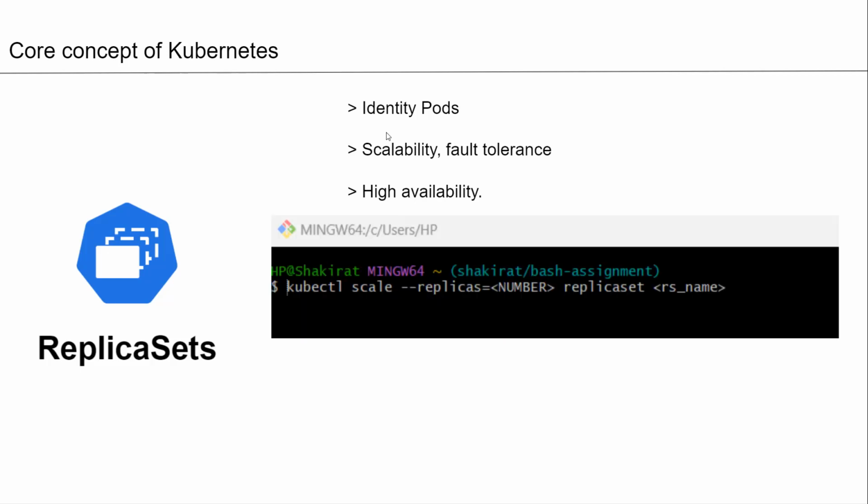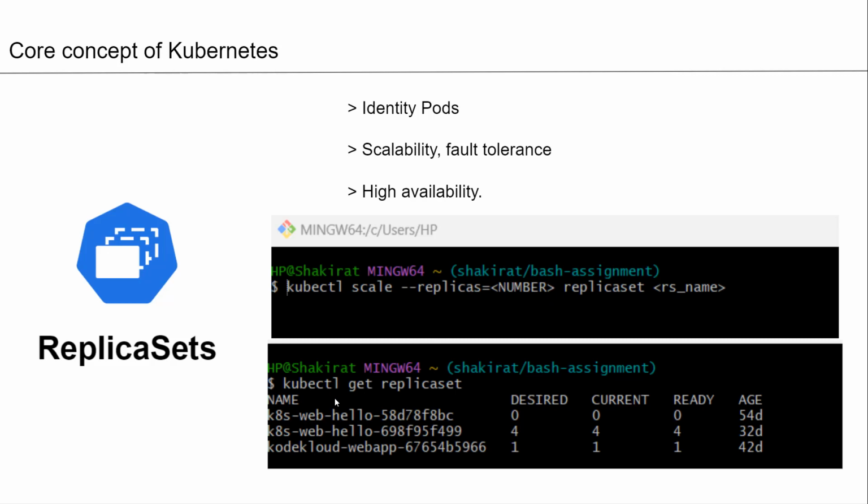Here is an example of how to scale. You have kubectl scale, the replica number, replica set, the name of the replica set, and to get the list, you're going to run kubectl get replicaset. Here I have 3 replica sets in my environment.